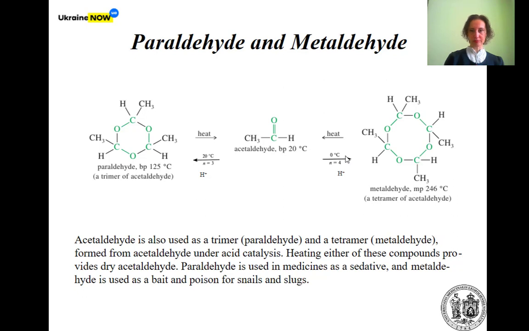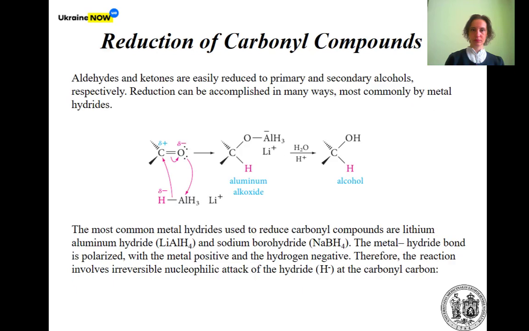The next type of reaction that is possible for carbonylic compounds is reduction. As a convenient reductor, lithium aluminium hydride or potassium borohydride can be used. They both are able to reduce carbonylic compounds to the alcohol. The mechanism is shown on the screen.